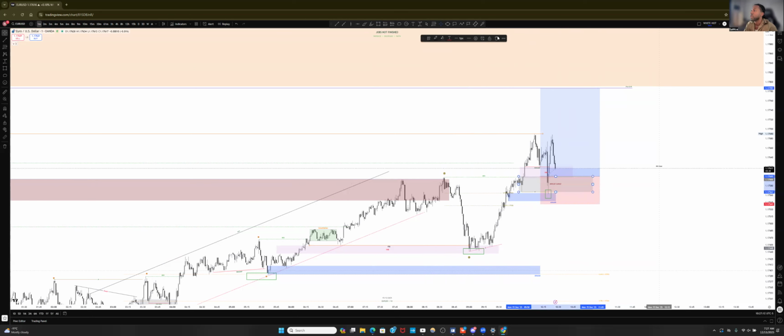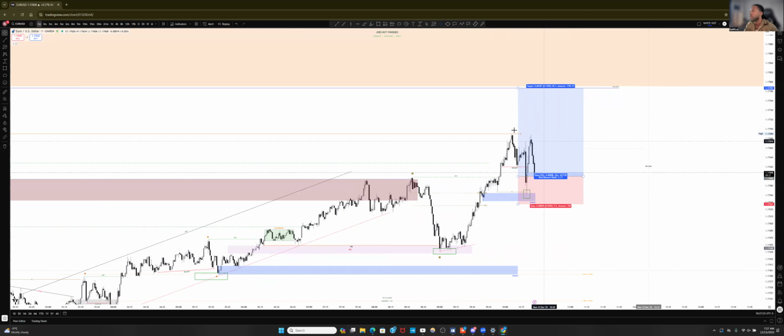So we know this was taken. Imbalance failed. Okay. So price did this mitigation simply to come react from this zone here? Interesting.